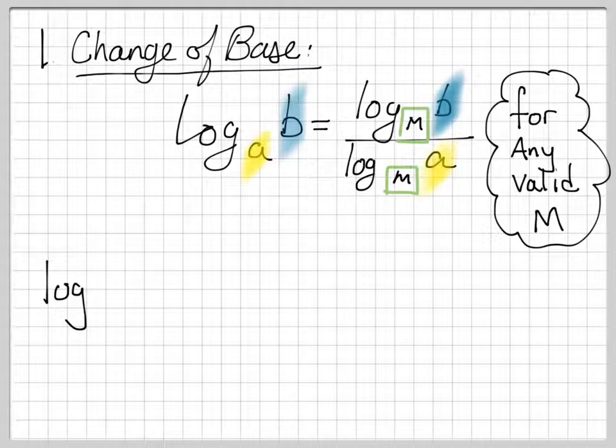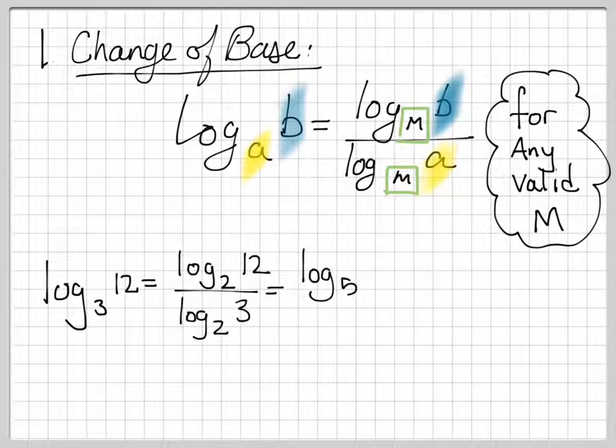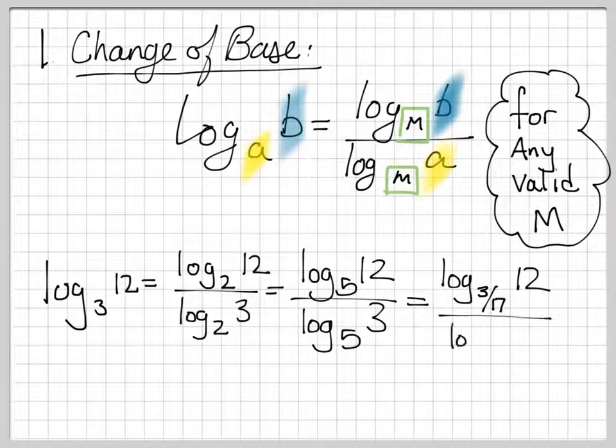We have log base 3 of 12 can be written as log base 2 of 12 over log base 2 of 3, which could be written as log base 5 of 12 over log base 5 of 3, which could be written as, you could just keep doing this as many times as you want, log base 3/17 of 12 over log base 3/17 of 3.